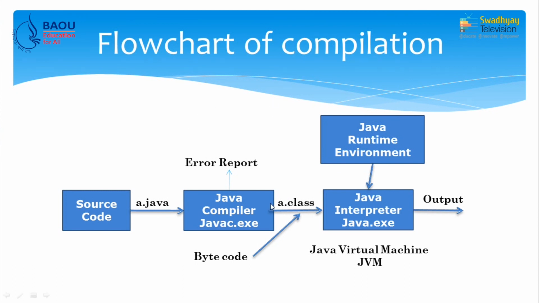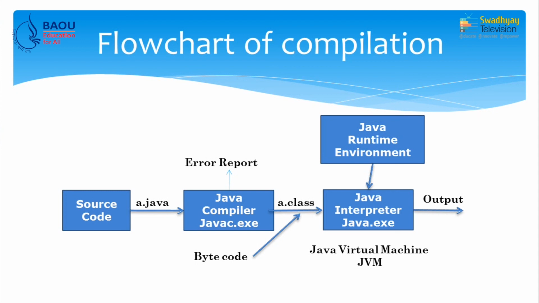and suppose I generated this bytecode on the Windows platform, I can run this bytecode file on the Linux platform using the JVM or Java interpreter, and we require the Java runtime environment installed on that Linux system, and this JVM must be available there. So, this bytecode is the magic that provides Java platform independence, and this Java interpreter executes or interprets this bytecode and runs the program and provides us whatever output it is meant to give.